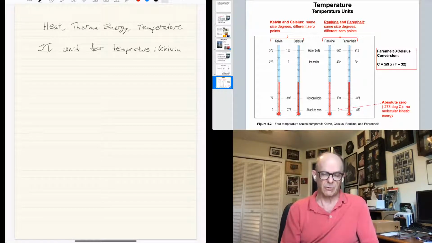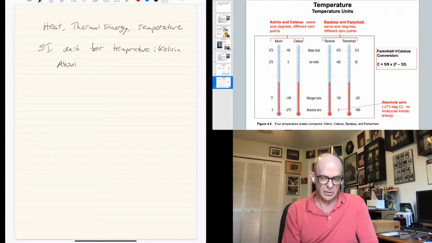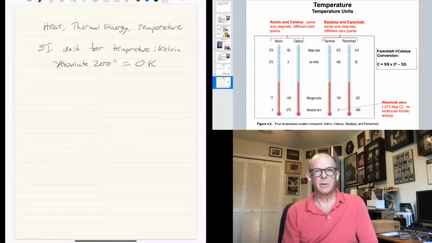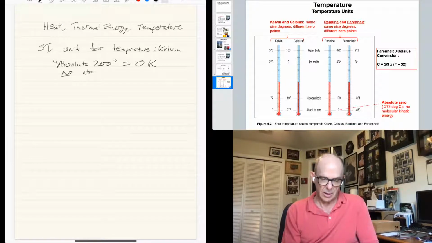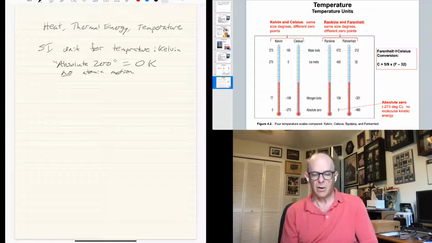They literally have zero kinetic energy. So this is called absolute zero, and that is 0 Kelvin with a K, and that means no atomic motion or molecular motion at all.